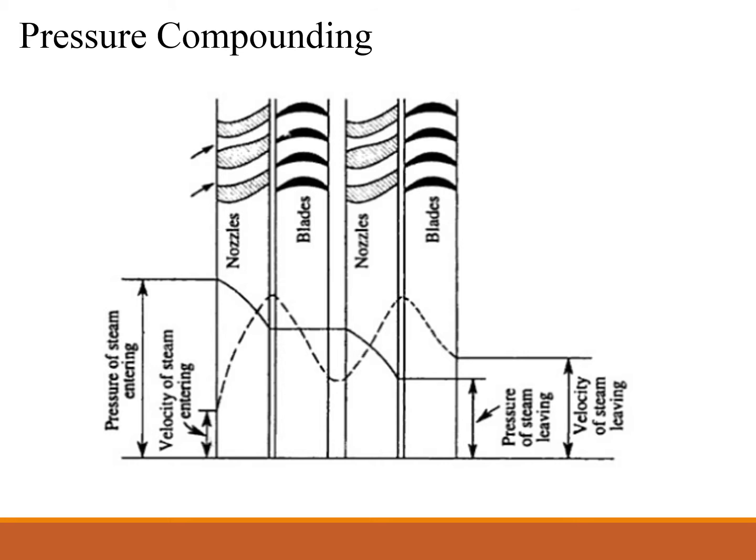The total pressure drop of steam does not take place in the first nozzle ring but is divided equally among all sets of nozzle rings. Thus the total pressure drop is split up into a series of smaller pressure drops. So this type of compounding is called pressure compounding.